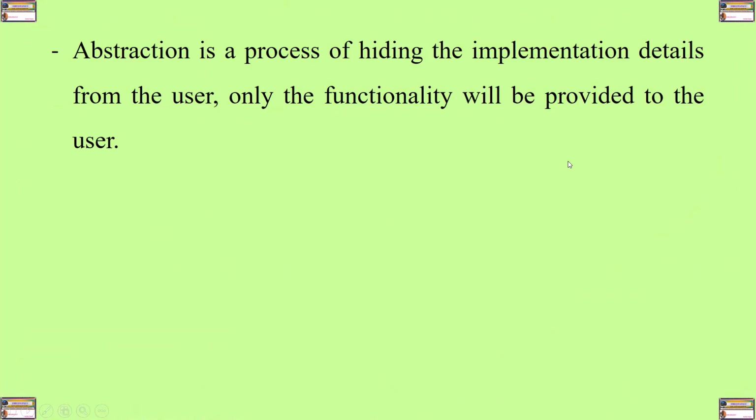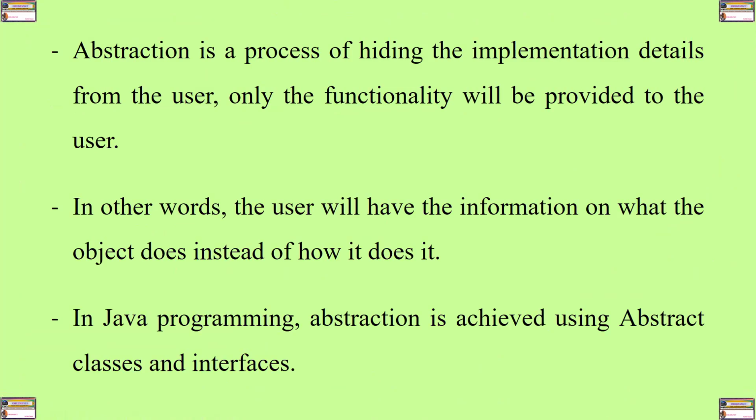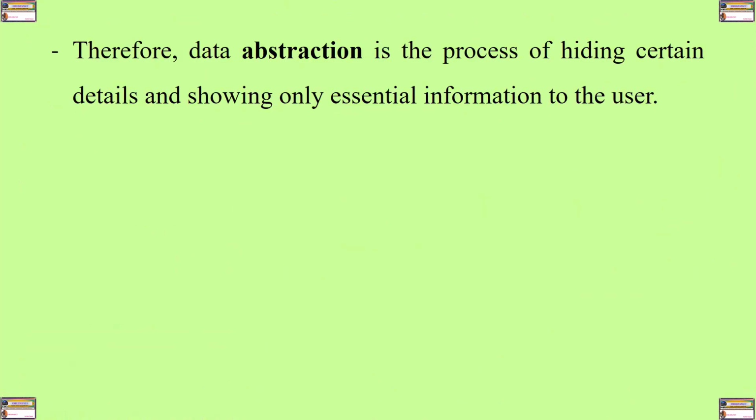What is abstraction? Abstraction is a process of hiding the implementation details from the user. Only the functionality will be provided to the user. In other words, the user will have the information on what the object does instead of how it does it. In Java programming, abstraction is achieved using abstract classes and interfaces.